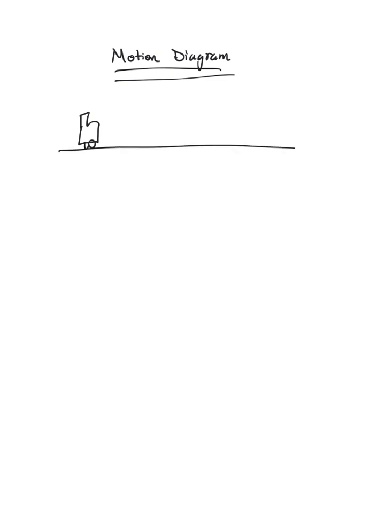So we can now discuss something that you're going to be seeing in your first virtual lab. We can now discuss the idea of a motion diagram. So what is a motion diagram? Let's suppose that we have an object, which is a car, let's say.